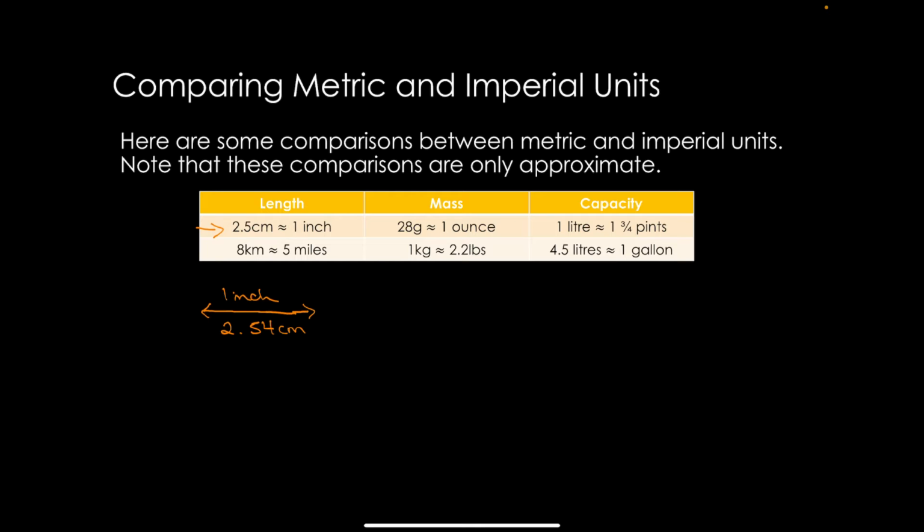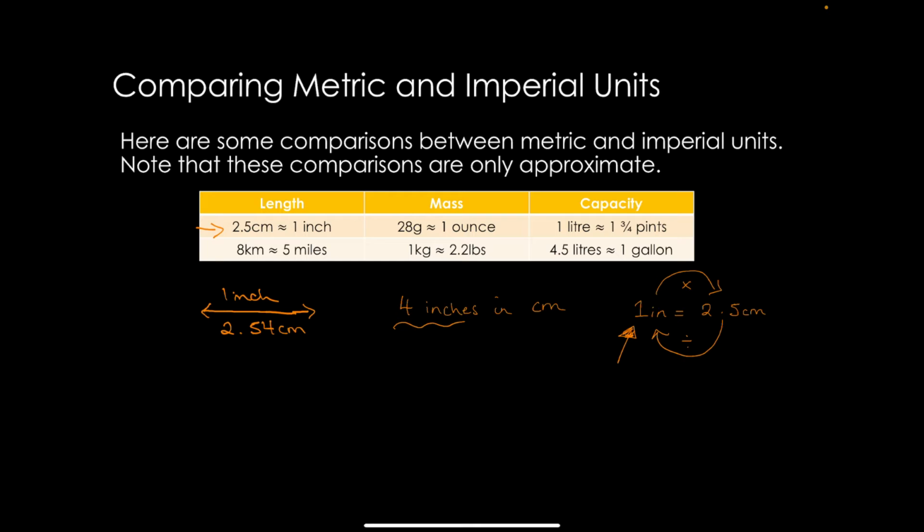Now, if I said to you, I want to know what 4 inches is, 4 inches in centimetres. This is when we can write down our conversion again and we can say, right, well, 1 inch is the same as 2.5 centimetres. I can draw my conversion diagram and put times at the top and divide at the bottom. And what I'm saying is I want 4 inches. I want to know what 4 of these are in centimetres.